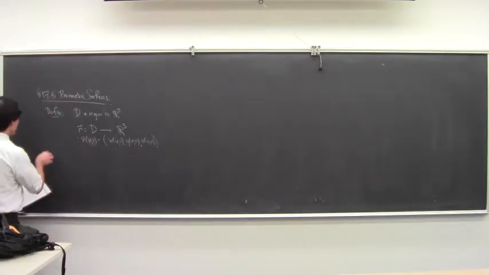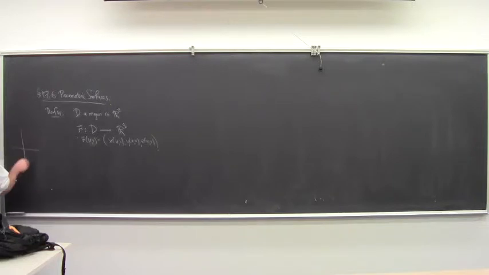Okay. So here's the picture, right? You have some region. It doesn't have to be square. You have some region in R2, and then you have some map of that guy into R3.